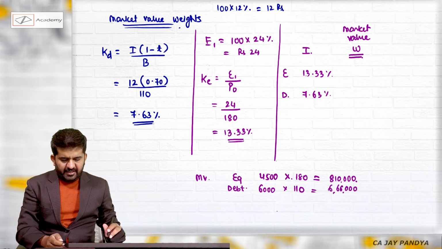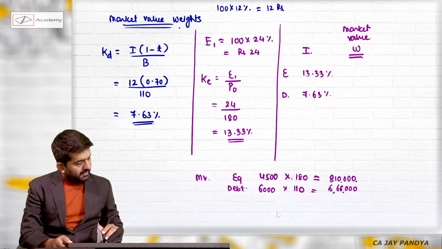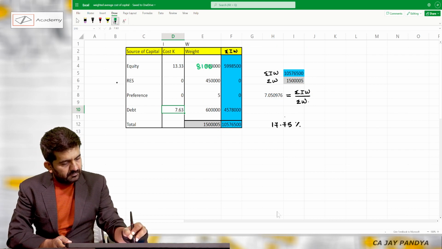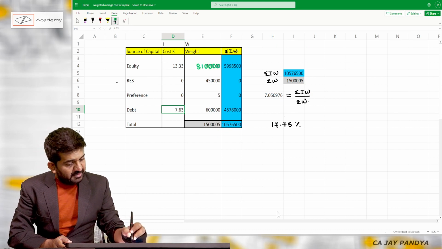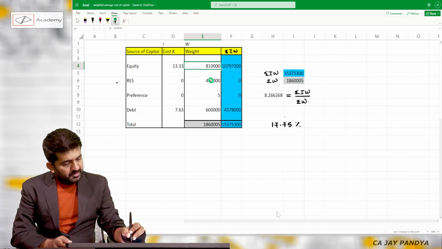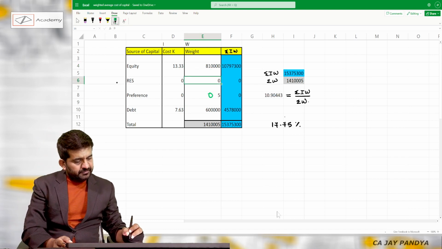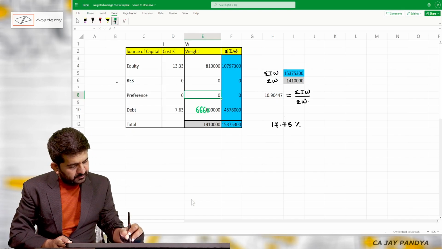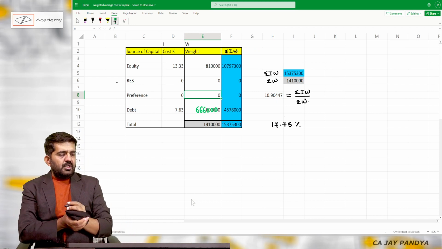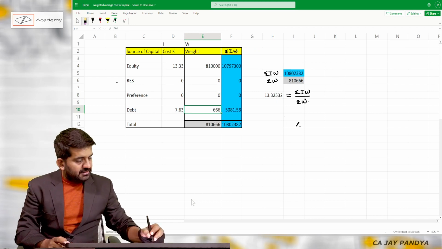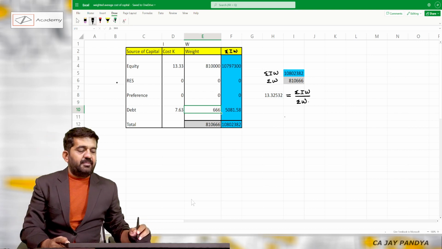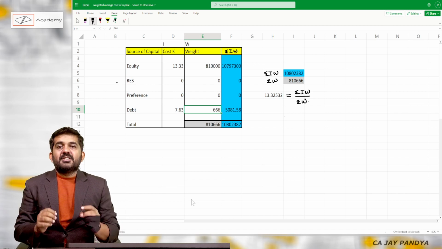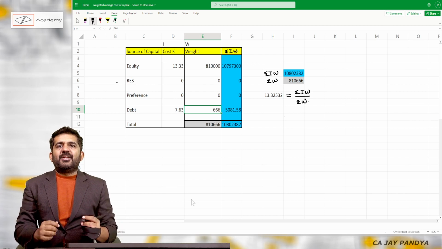This will be the market value of debt and equity. So market value of equity is 8,10,000. Reserves I am taking 0. Preference also 0. And market value of debt is 6,60,000. I will be getting my answer of sigma IW divided by sigma W, which is 13.32%.